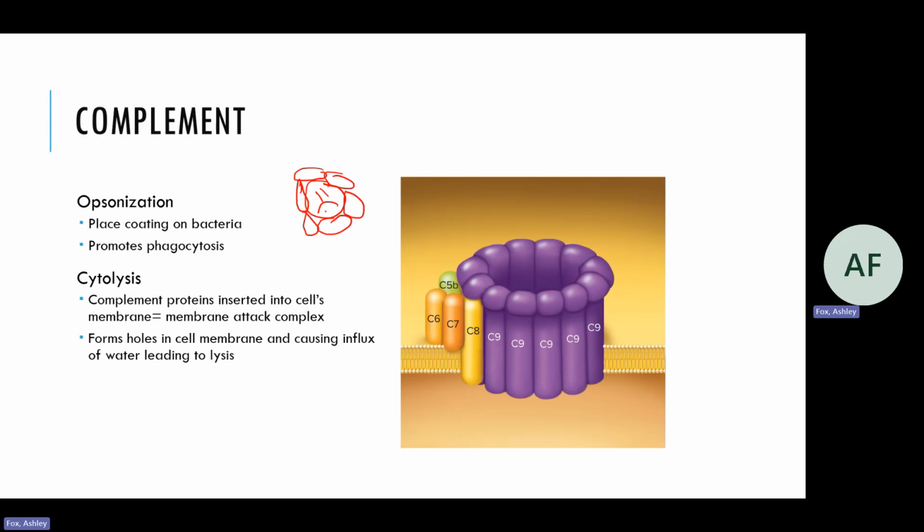So it can't do any more harm. Once you neutralize it, it gives it time and it also tags it saying, hey, eat me. So we neutralize the bacteria. They can't do anything anymore. And then we can have our macrophages or our neutrophils come in and eat this. So it promotes phagocytosis in that we can come in, neutralize it, and consume it. And then we can destroy it.